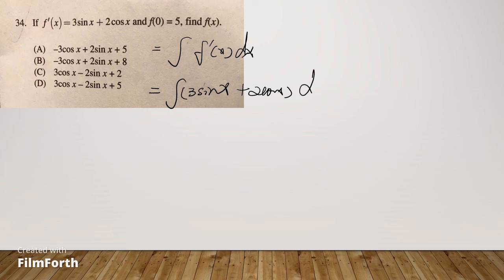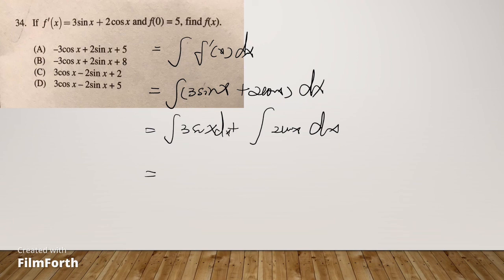Okay, dx, and we separate it into two parts and integrate them respectively.